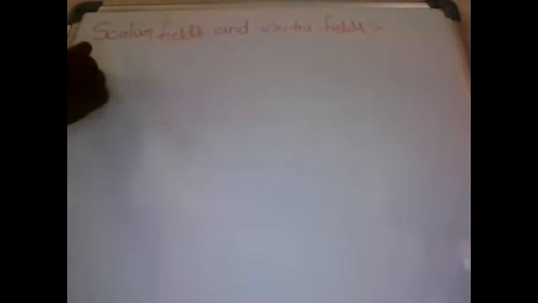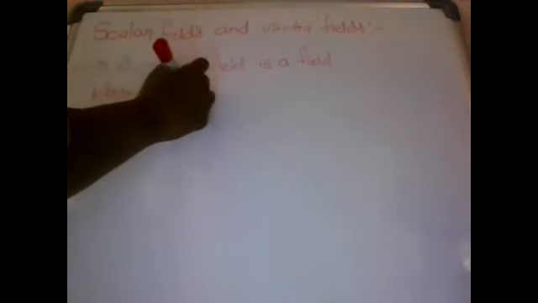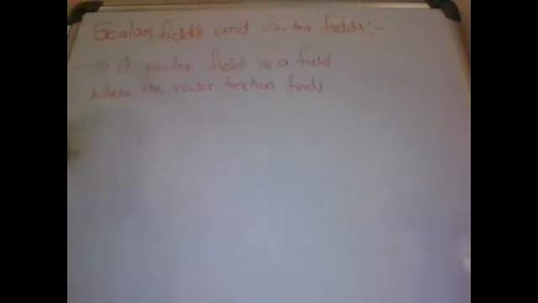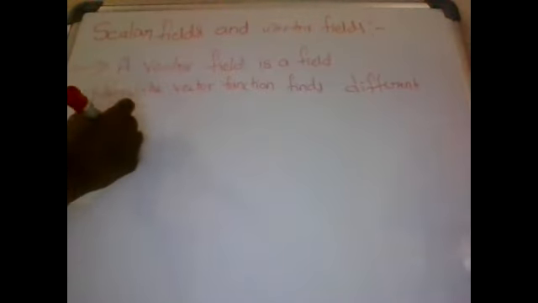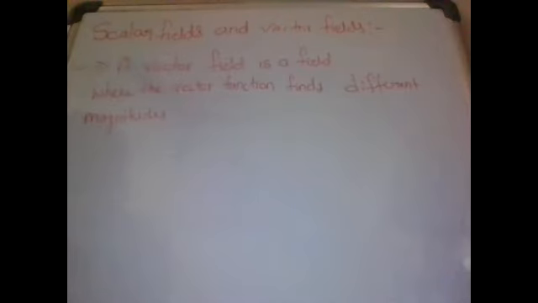Next, what is the vector field definition? A vector field is a field where the vector function points different magnitudes along with different directions.